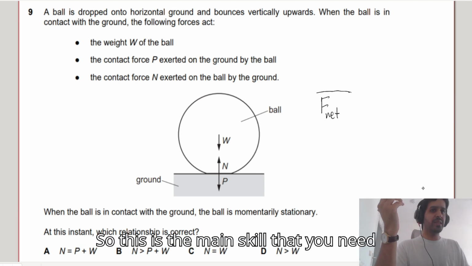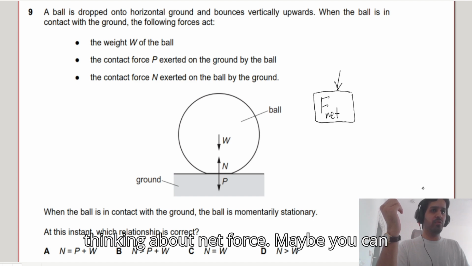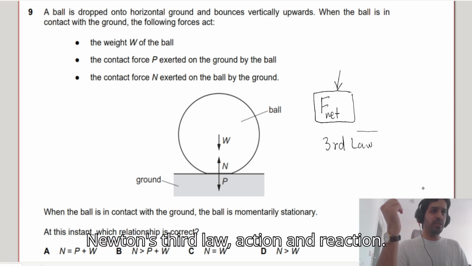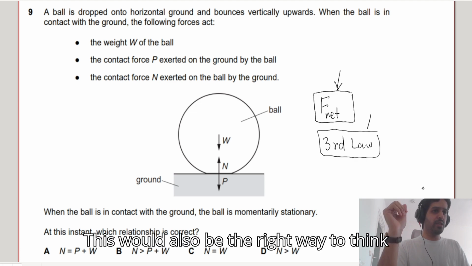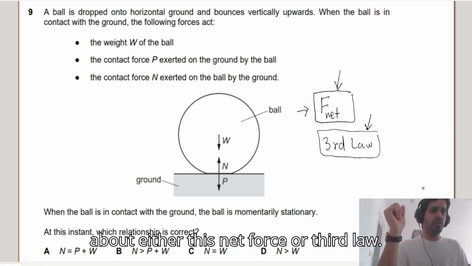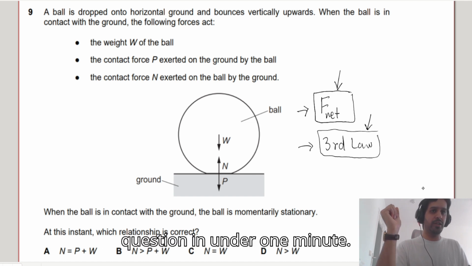This is the main skill you need to develop. Maybe you can also think about Newton's third law, action and reaction. This would also be the right way to think about this problem. Either net force or third law will help you solve this question in under 1 minute.